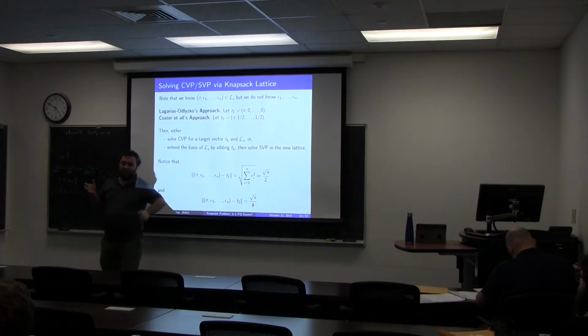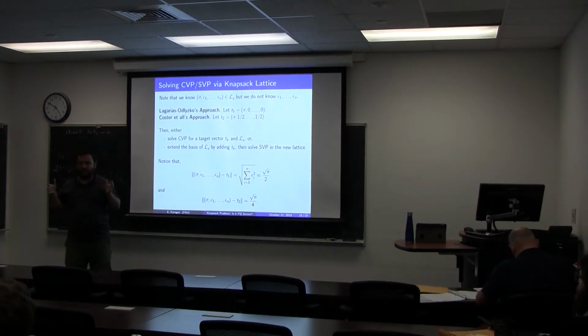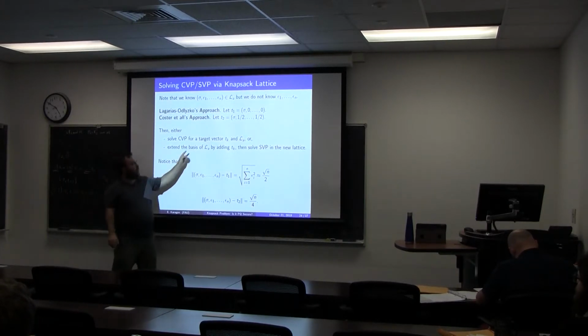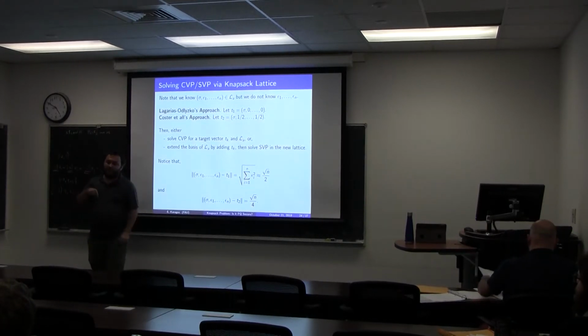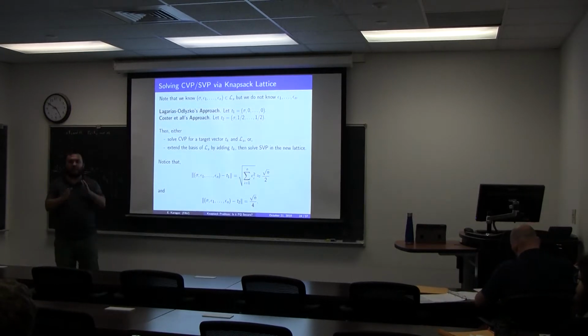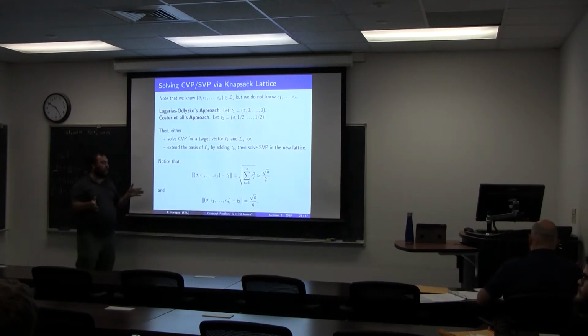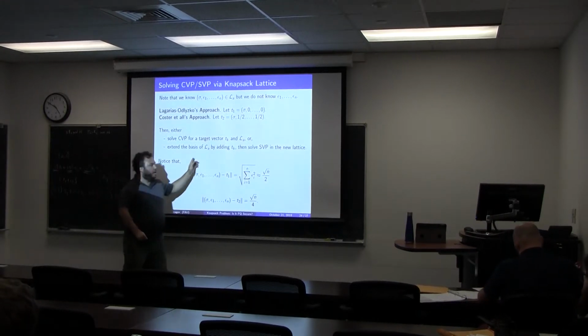How many elements are there in your basis? N. There are N elements in your basis, and these two elements are not in the lattice. So you can just add this new vector to your basis, and you get a new lattice.